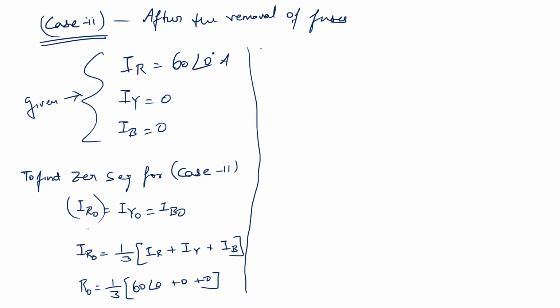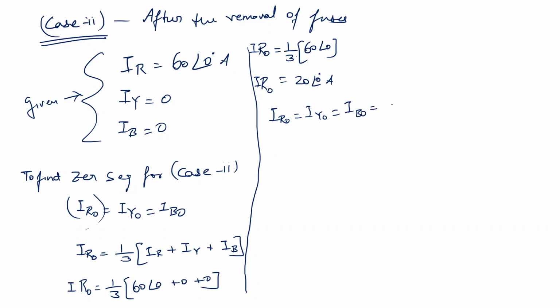So IR0 is equal to 1/3 of 60 angle 0, that is nothing but IR0 is equal to 20 angle 0 ampere. We know that IR0 is equal to IY0 is equal to IB0.